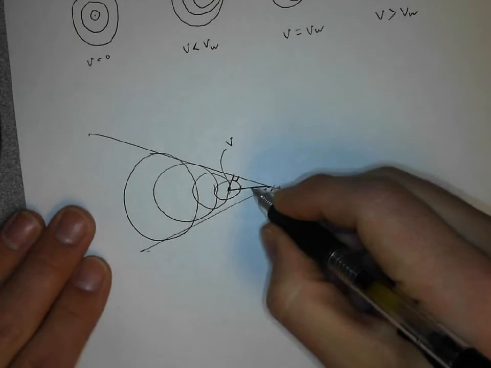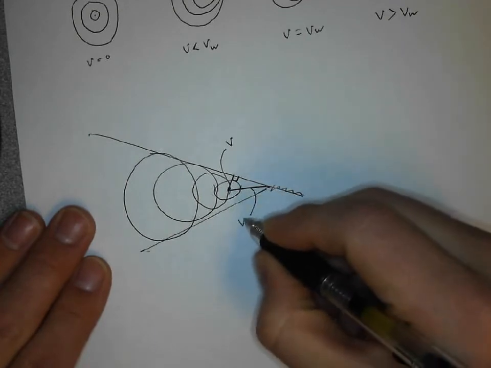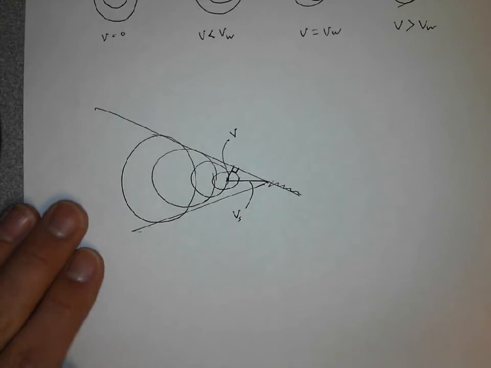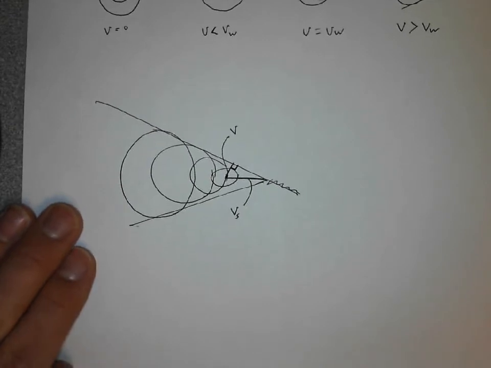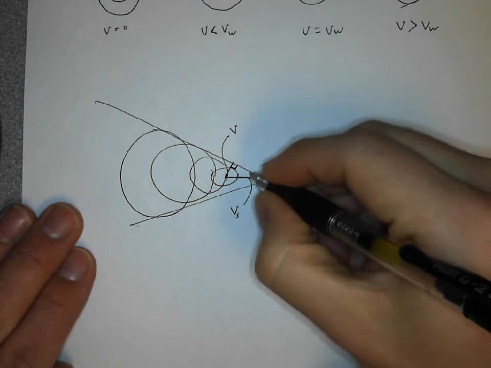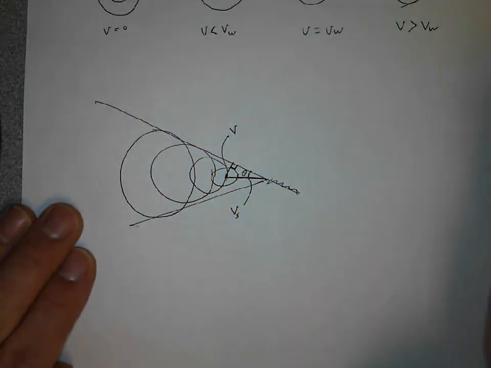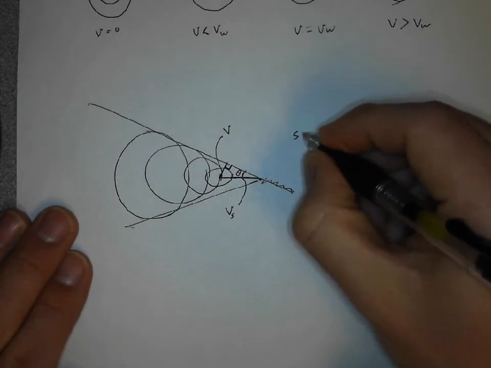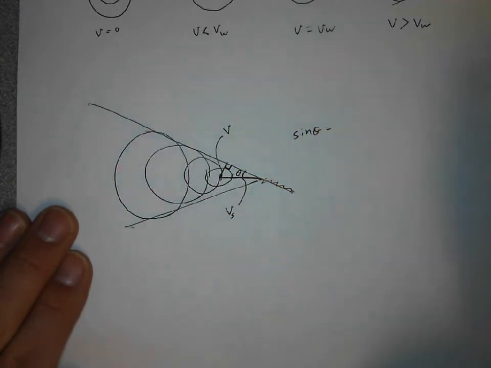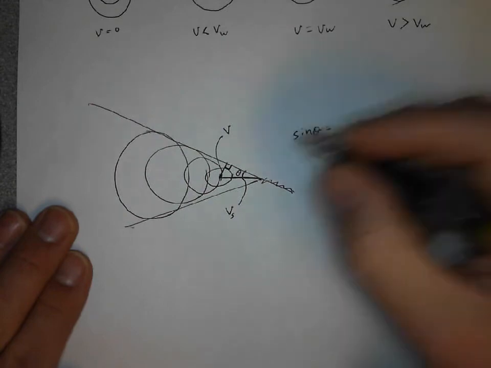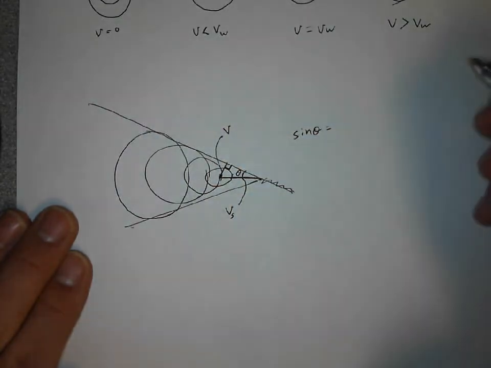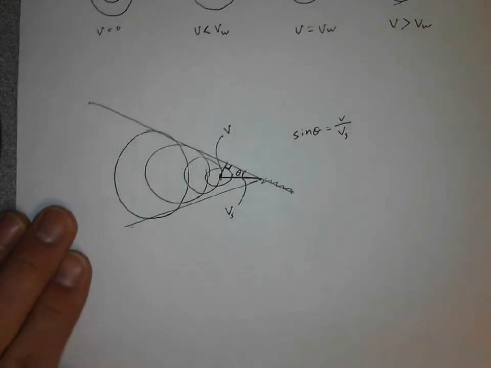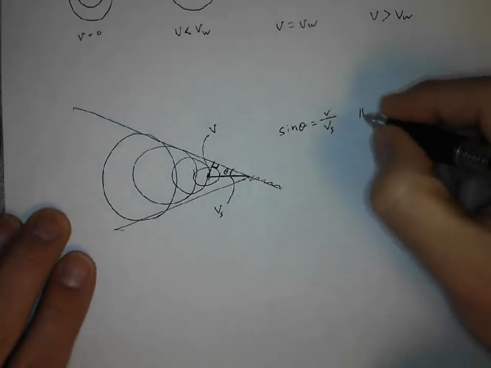I know this doesn't make sense, but they tend to use Vs, not for the speed of sound or anything like that, just the velocity of our object is Vs. Then we have this angle right here. So we can get the equation: the sine of that angle is equal to opposite over hypotenuse, V over Vs. And we call this our half-angle equation.